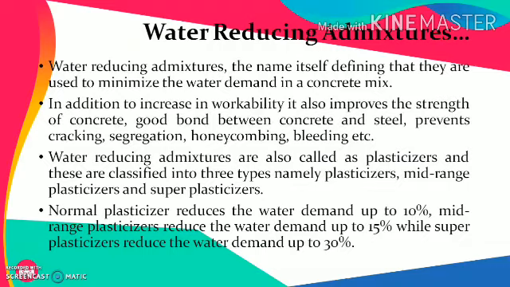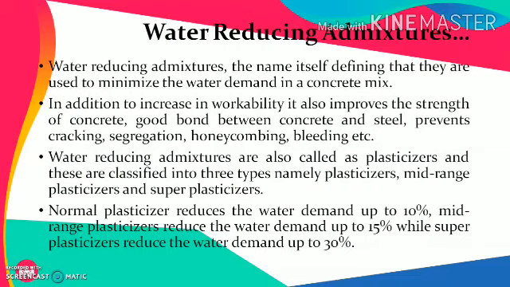Means that in a normal condition, if we add the normal plasticizer, then we can achieve the same workability even with 10% less water. If we add mid-range plasticizer, the water demand can be reduced up to 15%, while if we add superplasticizer, the total water requirement can be reduced up to 30%.